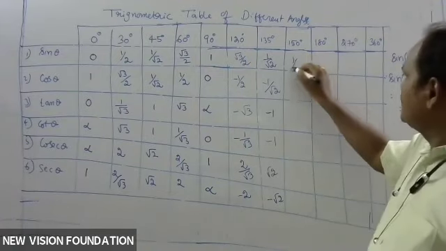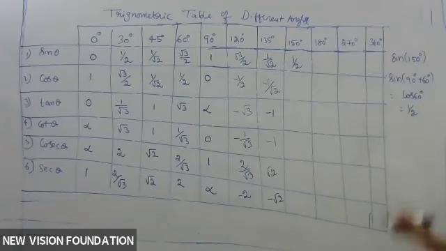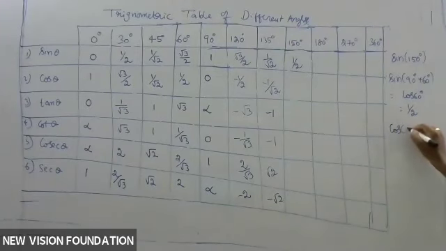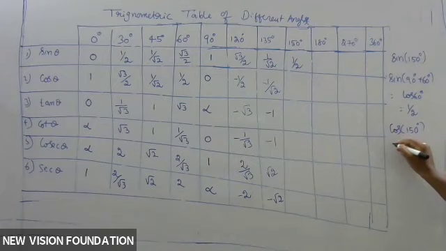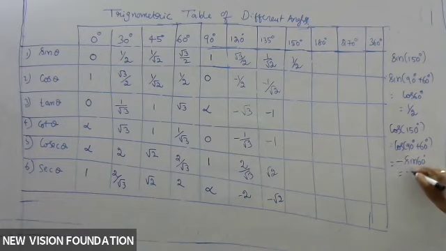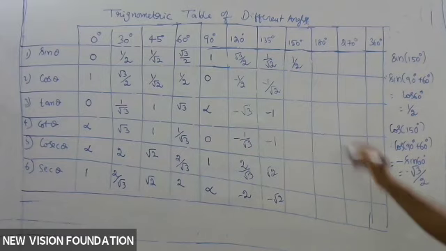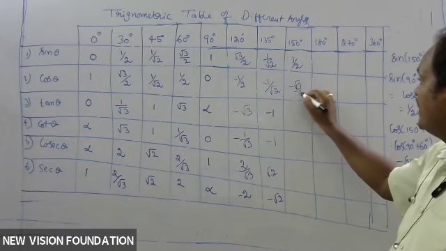That's why its value becomes 1 by 2. Right? Now, in the same way, cos 150 degrees we can write as cos of 90 degrees plus 60 degrees, and this becomes minus sin 60 degrees. Minus sin 60 degrees is minus root 3 by 2. This is now minus root 3 by 2 you are going to get.